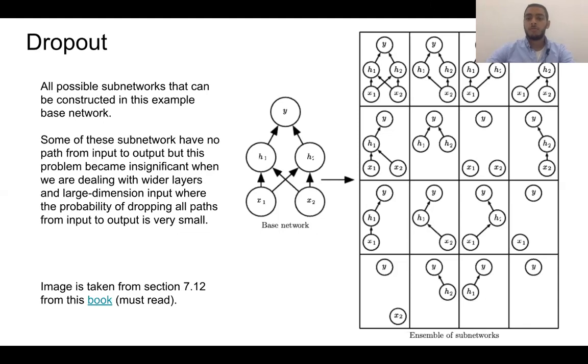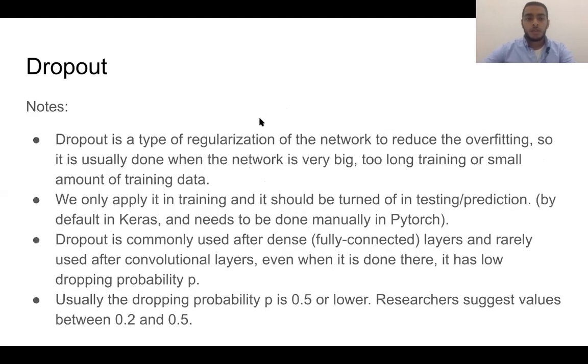This image is taken from section 7.12 in the Deep Learning book, and it's very recommended to be read. Some notes about dropout. Dropout is, as I said, a type of regularization method. Regularization is basically an operation done during or before the training to reduce the overfitting of the model.